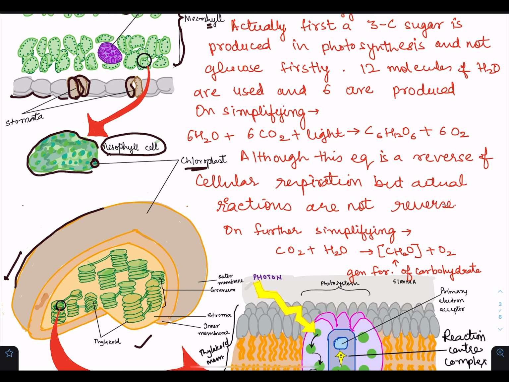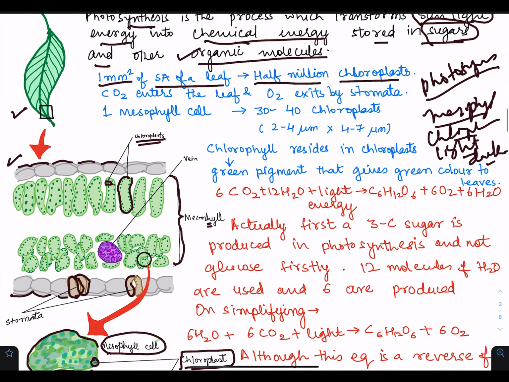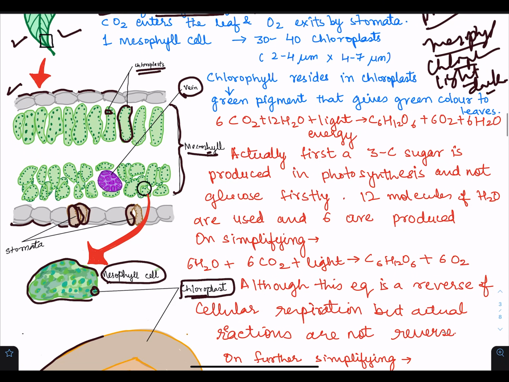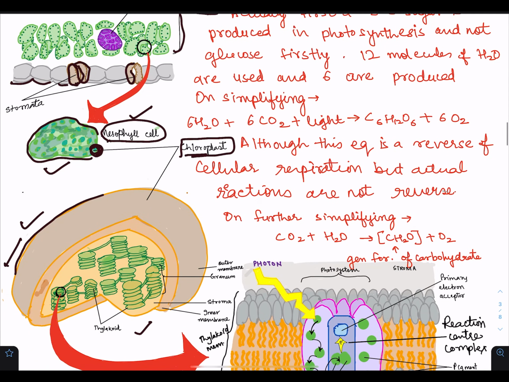This is the structure of a chloroplast. So revising again, the leaf, the mesophyll layer in a leaf, this is a vein which will transport water and everything to the leaf. This is a single mesophyll cell, and we see the structure of a single chloroplast, then it is like this.